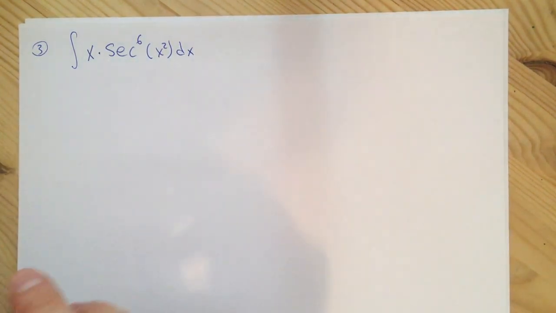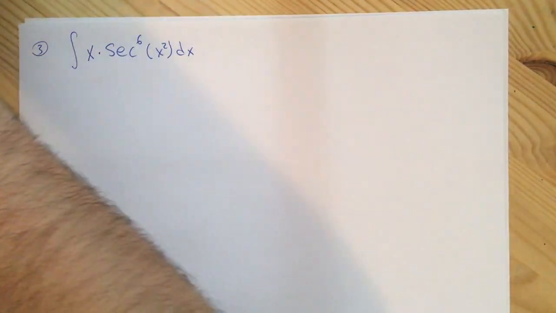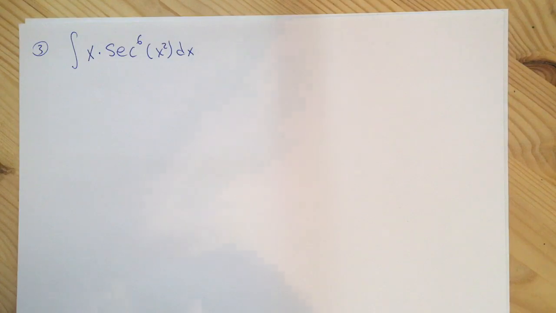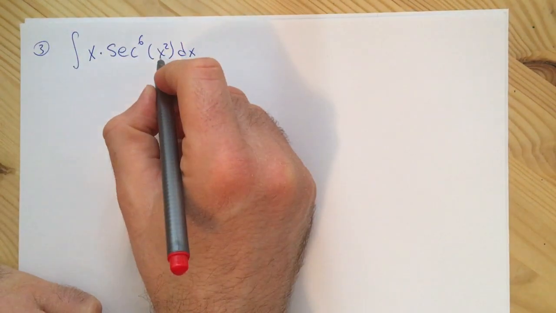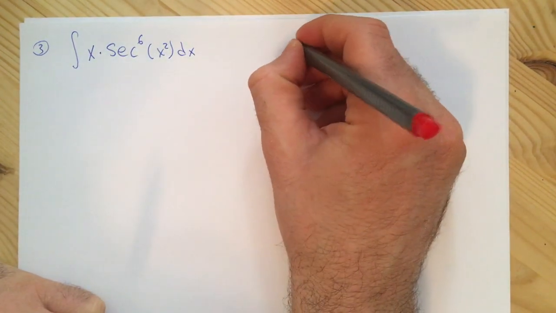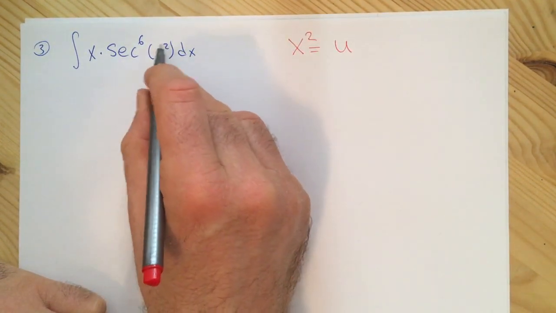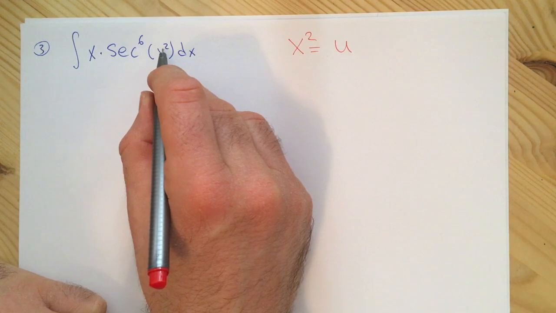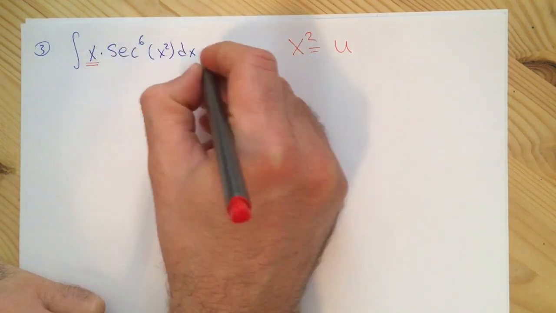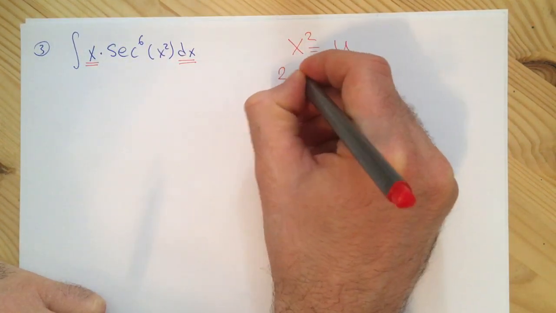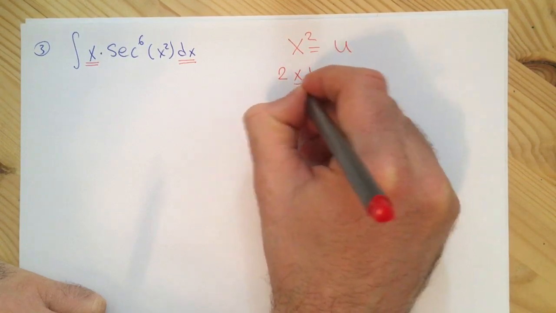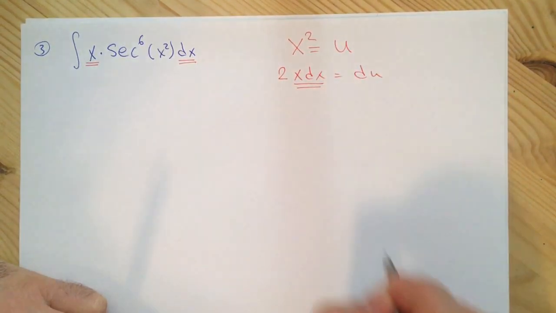But before I continue, it is obvious that I can simplify this expression. Why? Because the derivative of this part here, the derivative of x squared, is 2x times dx. So 2x dx is just du.